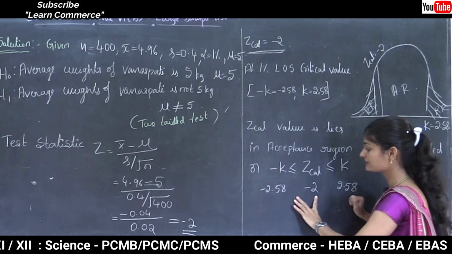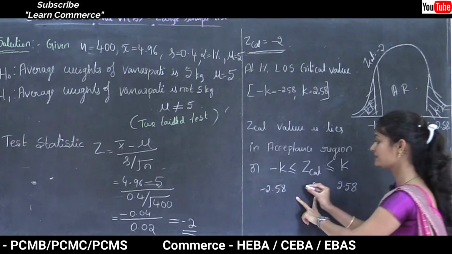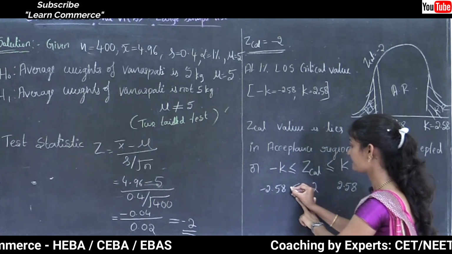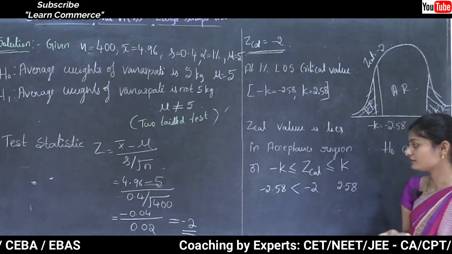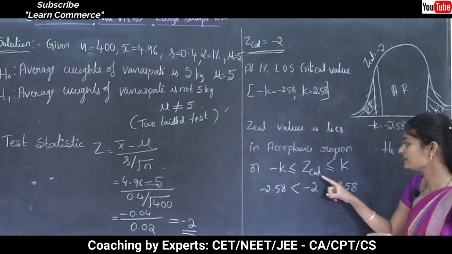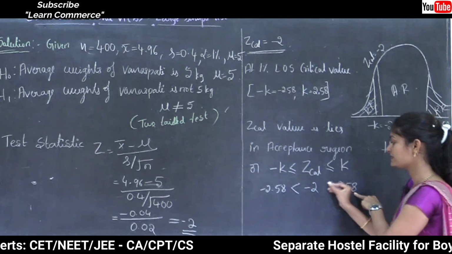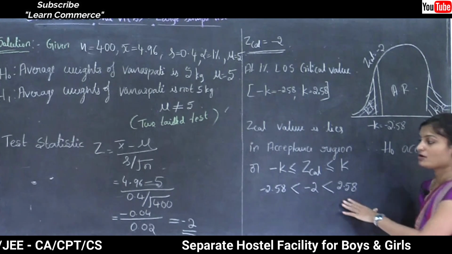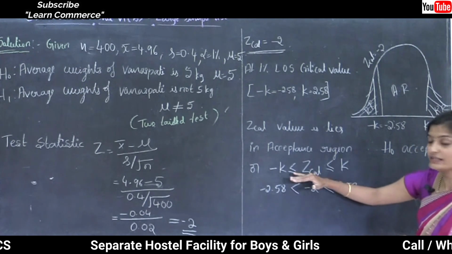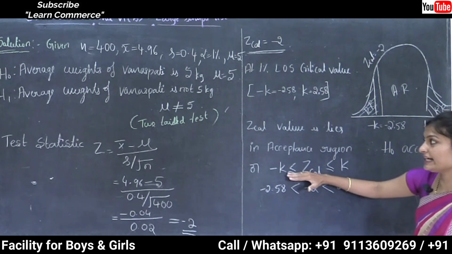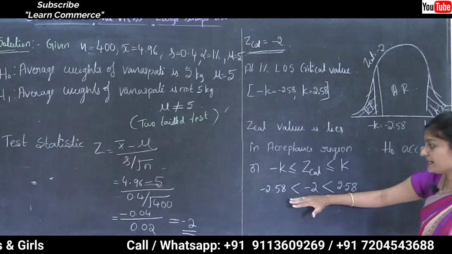Here which value is greater? Here minus 2 is greater value. And here minus 2 and plus 2.58, here this is greater value. So this two-tailed test condition is satisfied here also.